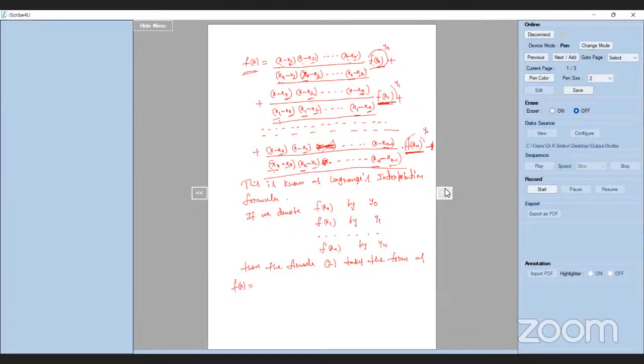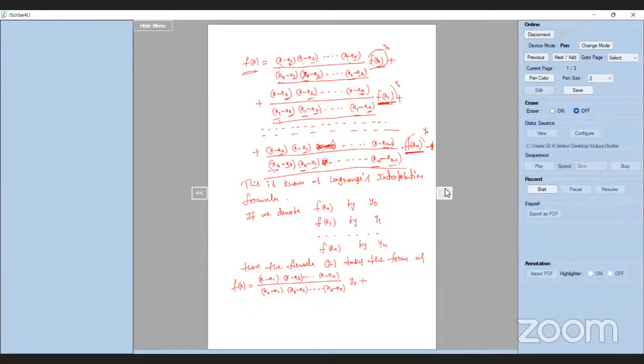So according to this, write down the formula: f of x is equal to x minus x1, x minus x2, and so on, x minus xn divided by x0 minus x1, x0 minus x2, and so on, x0 minus xn, into y0.